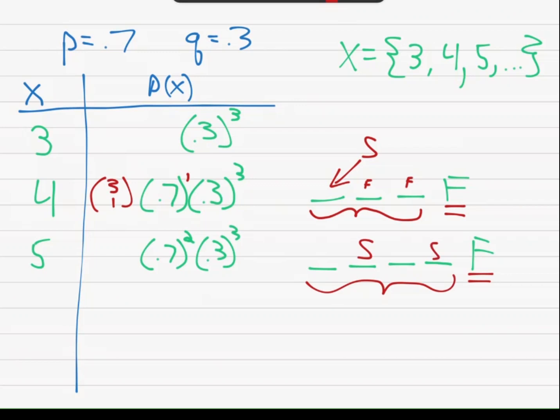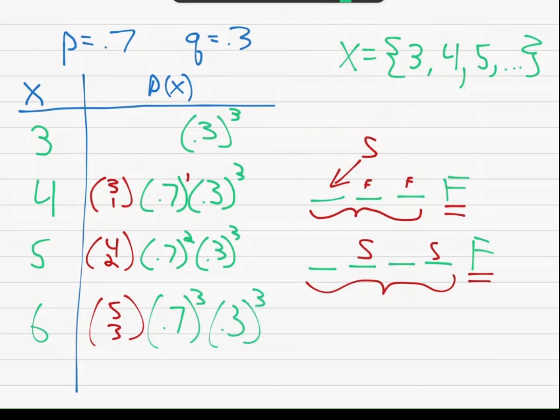Well, there are 4 choose 2 ways to pick those successes. And going on with 6, you can see that we would have 5 choose 3 times 0.7 cubed times 0.3 cubed. So hopefully it's become clear what these relate to.